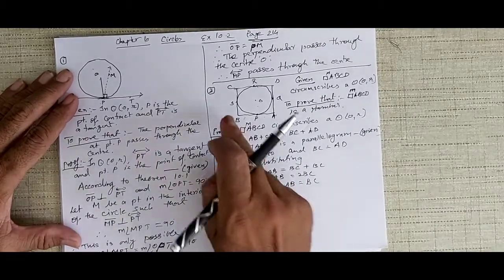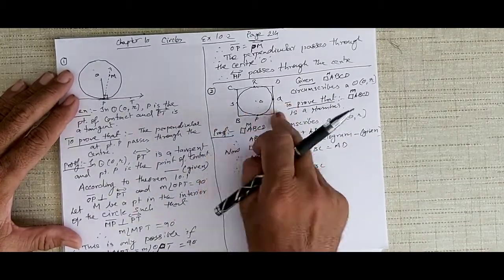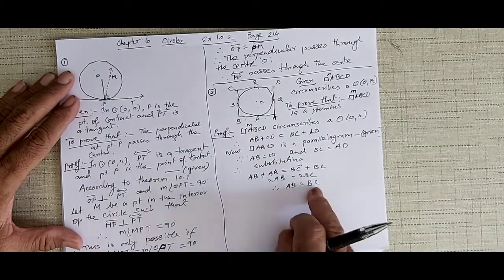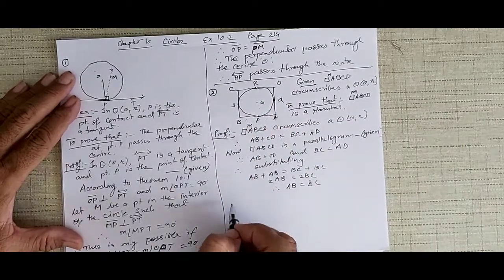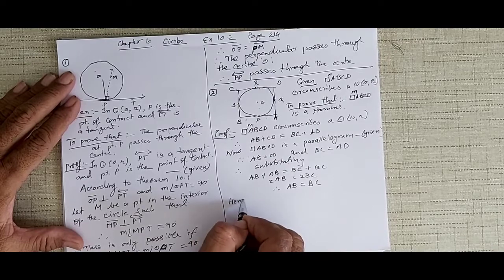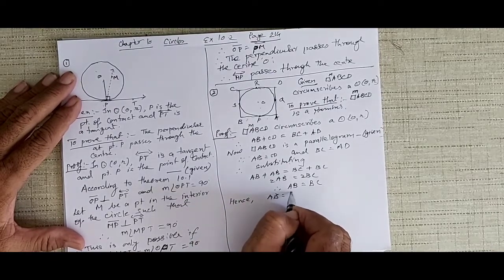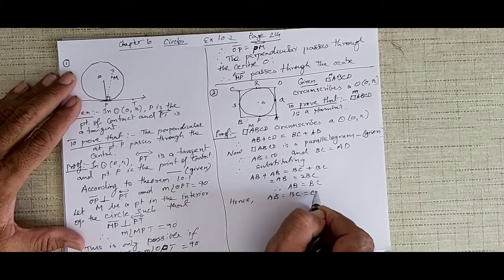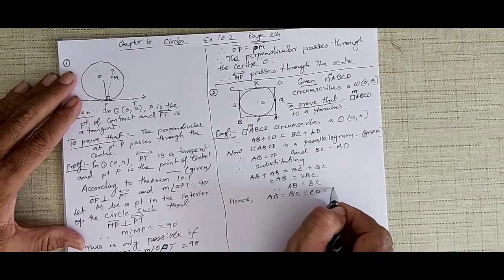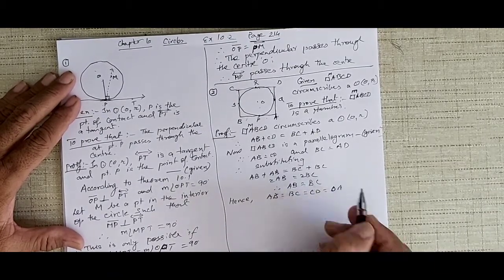Opposite sides are already equal because it's a parallelogram. Now we have shown adjacent sides are equal. Hence, what can you say? That all four sides are equal: AB is equal to BC is equal to CD is equal to DA.